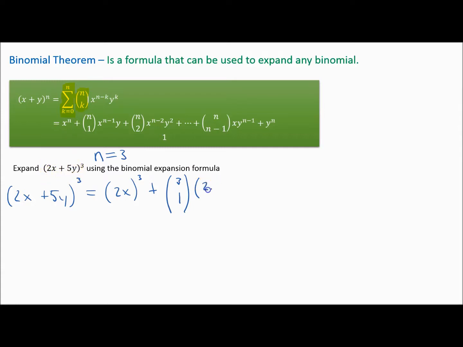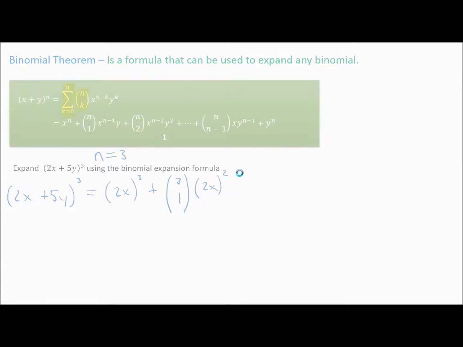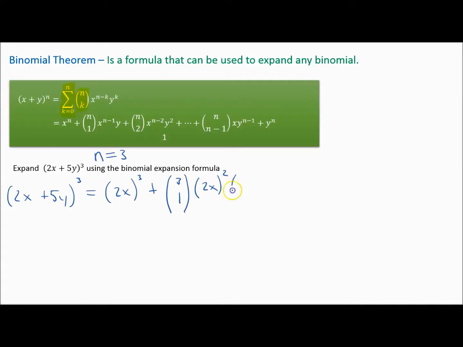So it's going to be 2x squared. Remember, it started with 2x to the third, and then times y, so it's going to be times the second one, 5y to the first. So you start counting down on your first term. So it went 2x to the third, 2x squared, and you start counting up on your second term. This is 5y to the 0, so I didn't put it there, 5y to the first.